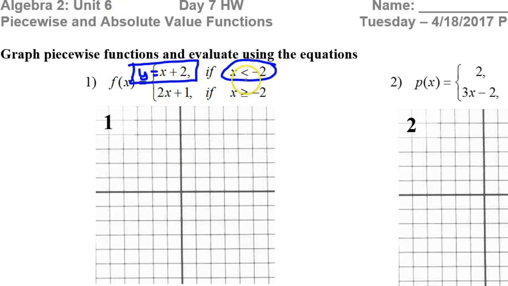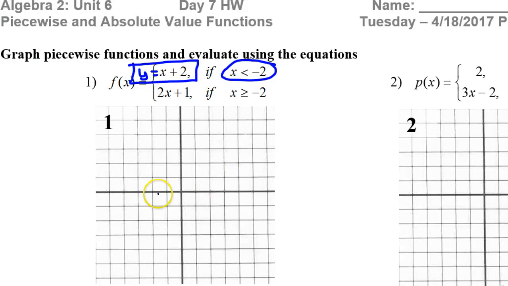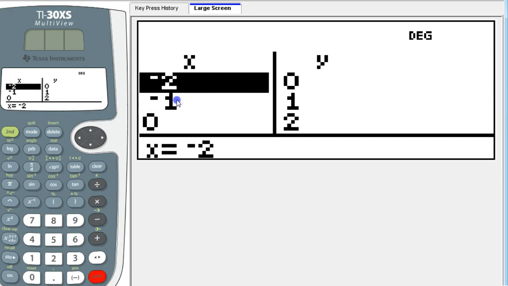Okay, now this is going to be an open circle because it doesn't have the or equal to line under it. So -2 comma 0 is right here. So open circle. Now for more points, I will again use my domain restriction. I want x values that are less than -2. So that would be numbers above -2, like -3. All right, this is less than -2.